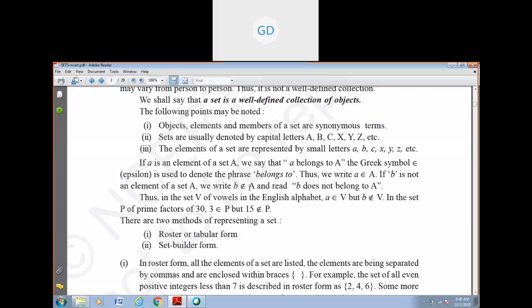The epsilon sign is just cut obliquely. It is symbolized as does not belong.